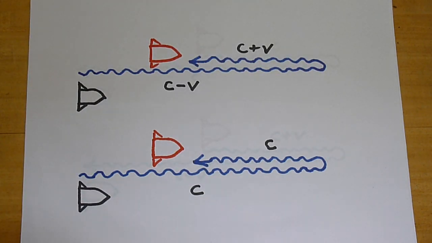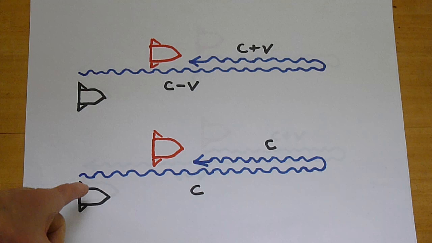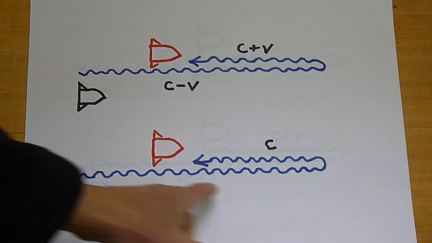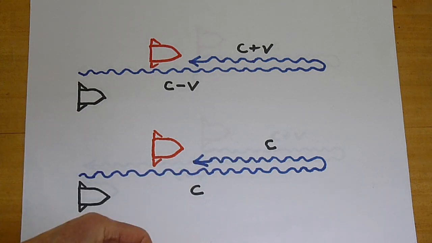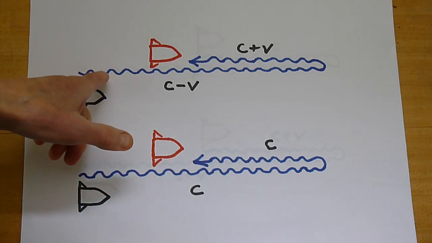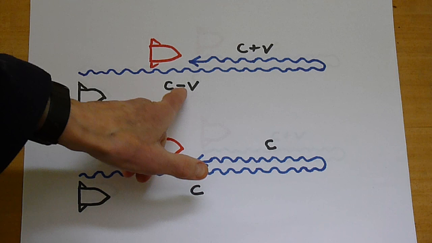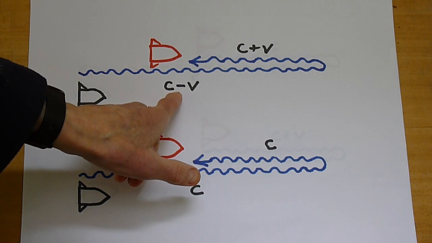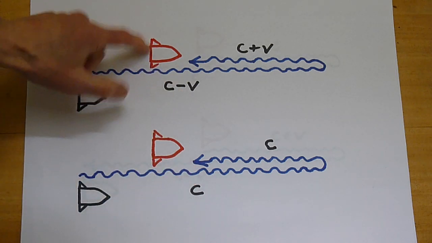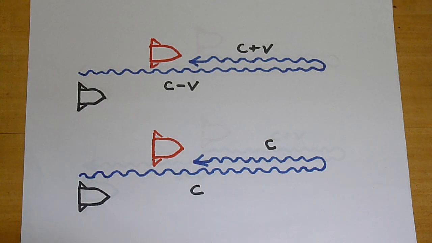Okay? So if I assume velocity c on both legs, therefore for you I would expect the pulse to have velocity c minus v on its outward leg relative to you, c plus v on its return leg relative to you.